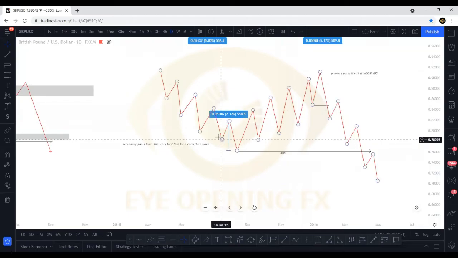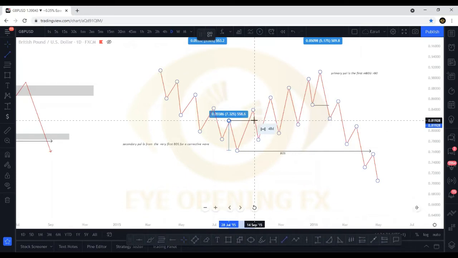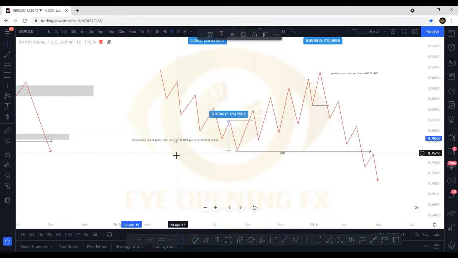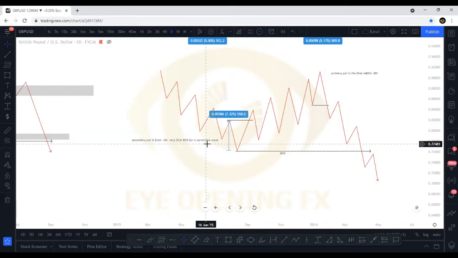From this very first area where the market gave the first sign of BMS to give this corrective wave to the upside, from this low to this high is what we call secondary point of interest.